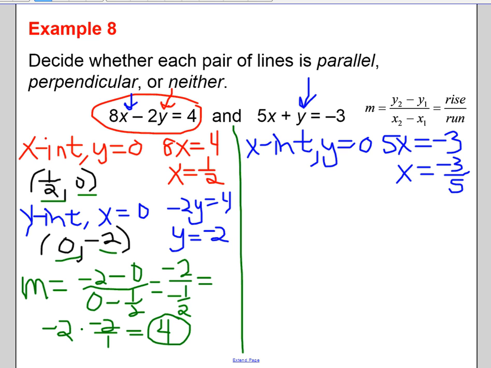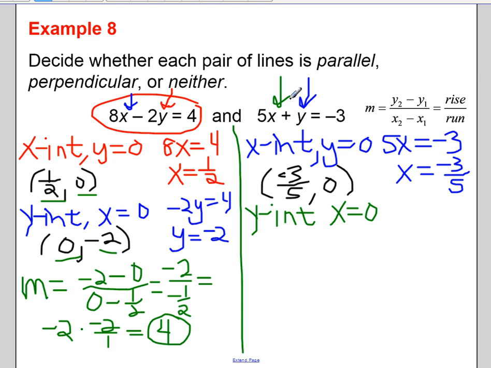So one point we have on this line is -3/5, 0. The next point we're going to find is the y-intercept. And to find the y-intercept, you're going to let x equal 0. We're plugging in 0 and we get 0 plus y, or just y equals -3. So that point is 0, comma, -3.